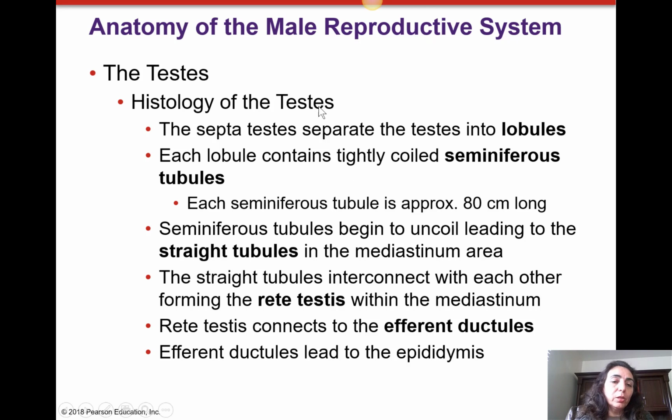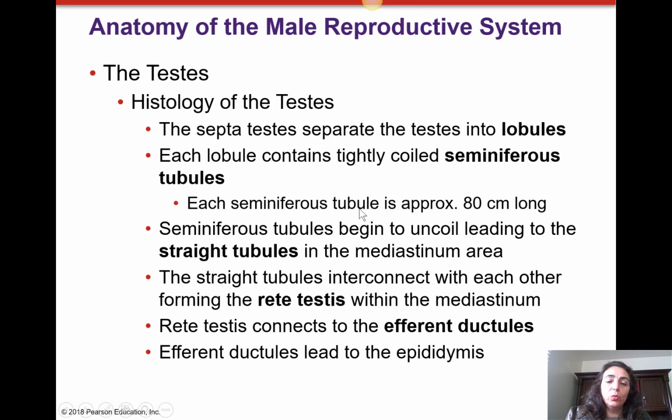So again, regarding the histology of the testis, the septa testis separate the testis into some lobules. So each compartment is called a lobule. Each lobule contains tightly coiled tubules that we call seminiferous tubules.